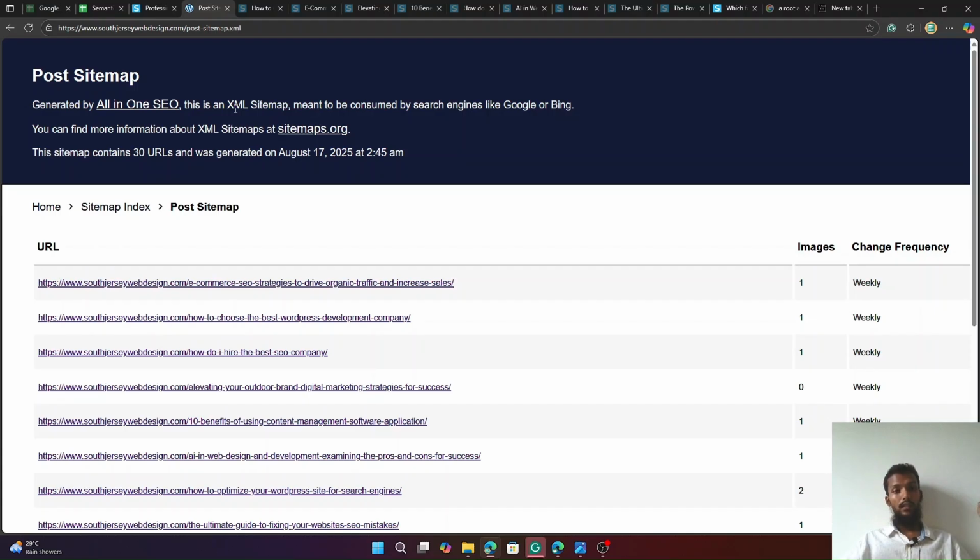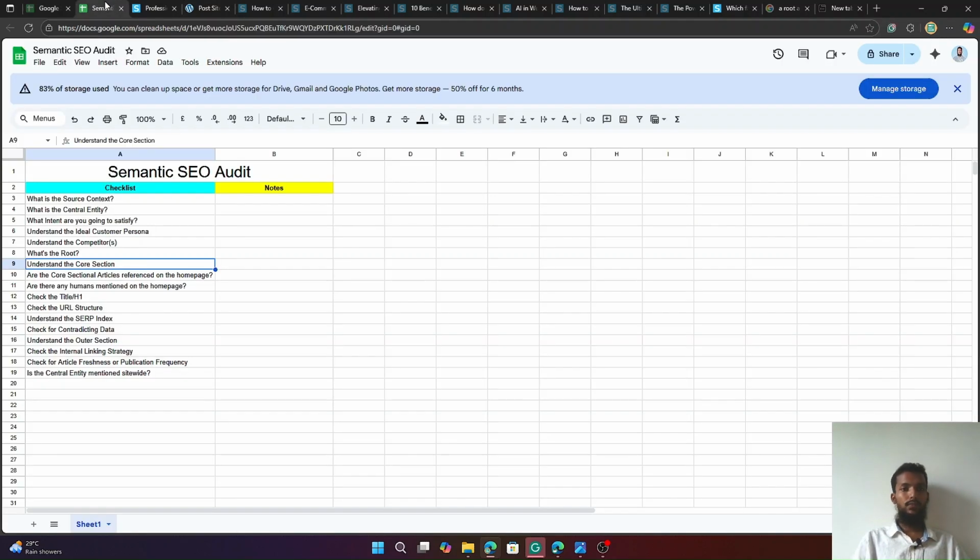In the topical map, they can include the service pages and the core sectional blocks, and then connect them to the root. That would be a good hub for them, and then they can build a bigger topical map by connecting all of those to the root section. So that's the thing they can implement in their website.